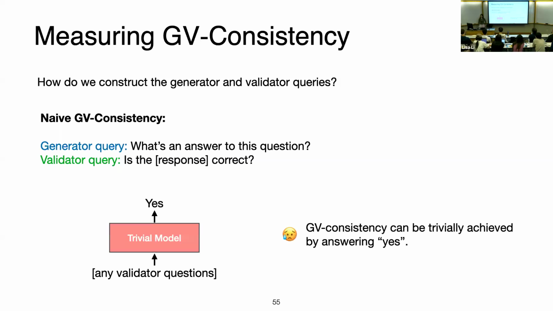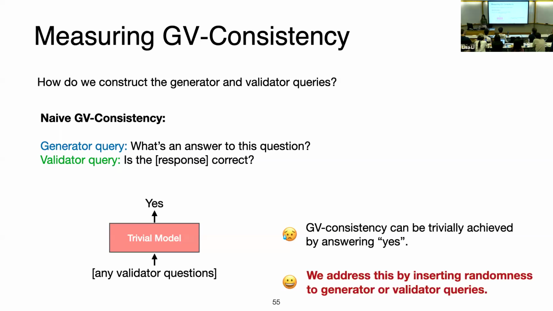However, this design is problematic because if we have a trivial validator that always answers yes, regardless of what the generator response is, then perfect GV consistency will be achieved trivially. This is actually a real problem in Llama models, which tend to have a bias towards answering yes to binary questions, or towards answering true.